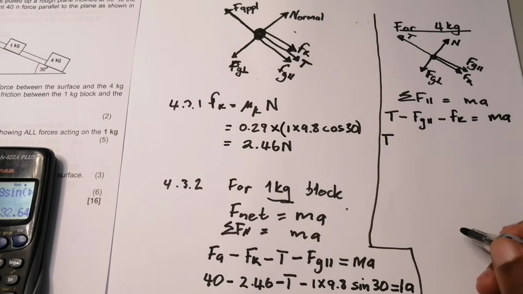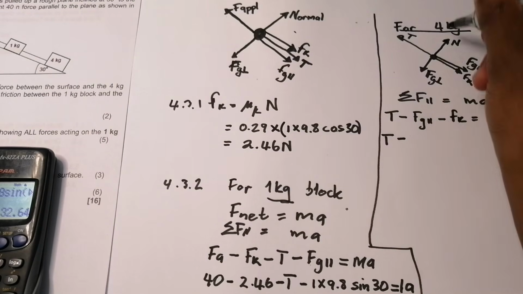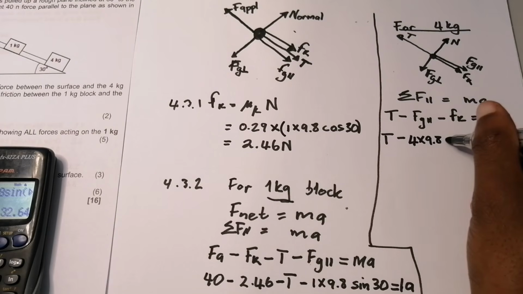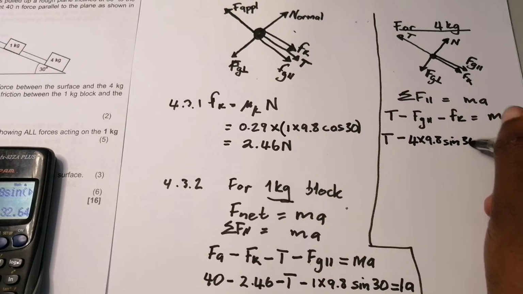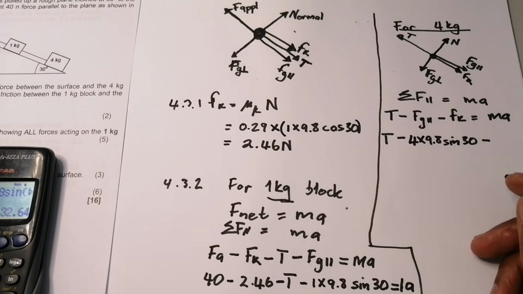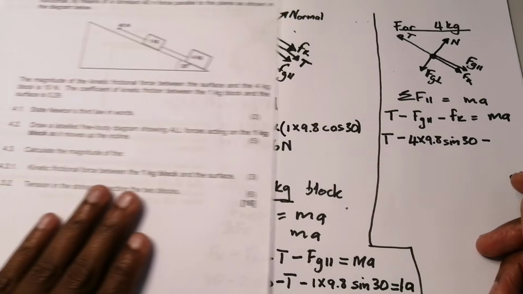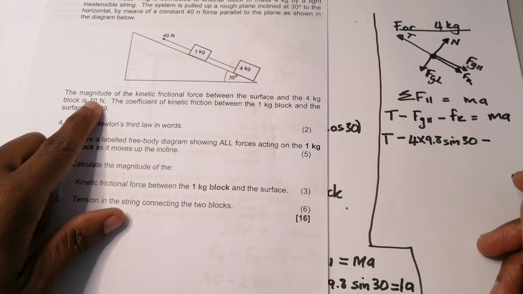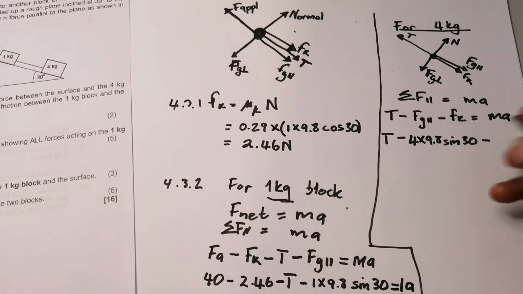Okay, let's say tension minus, what's our parallel component? That's 4 times 9.8, the sine of 30. Okay, right, minus our frictional force. Remember, for the 4 kg block, they had told you that the friction is 10 newtons. You remember, right? So that's minus 10 newtons, and this is equal to 4A.